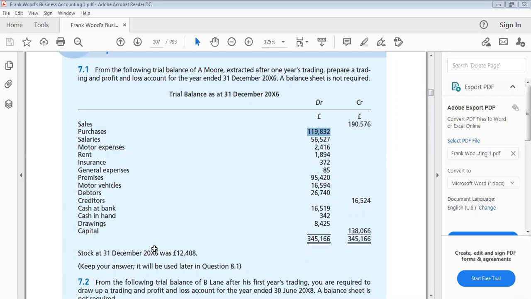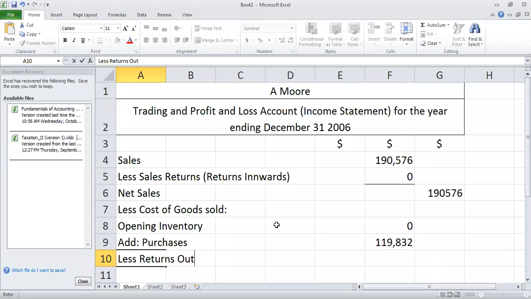Give me a minute. All right. So I would then have to less return outwards from the purchase figure. All right. If I had it, good.